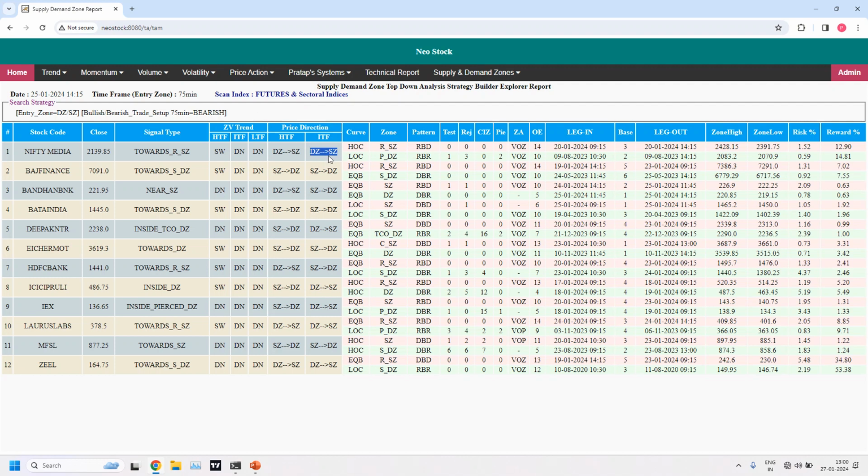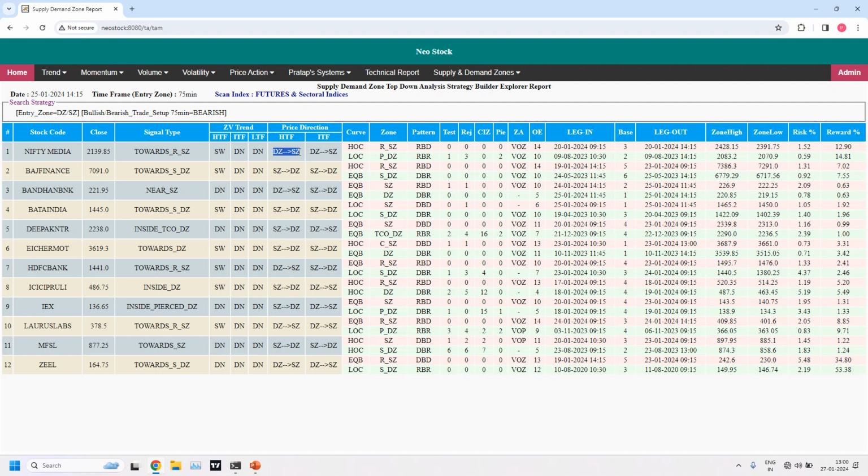So by the time prices enter into that zone, the price direction will be changed to supply zone to demand zone. Remember, this is the present price direction. But the moment prices enter our actual zone, our entry zone, the price direction will be changed due to zone confluence. Whenever there is a zone confluence, price directions will be changed. So that's why this stock is filtered.